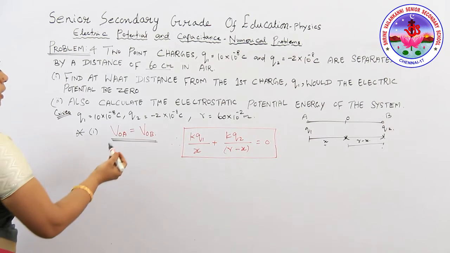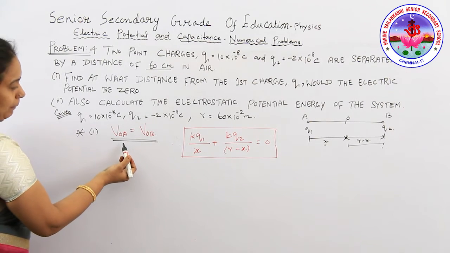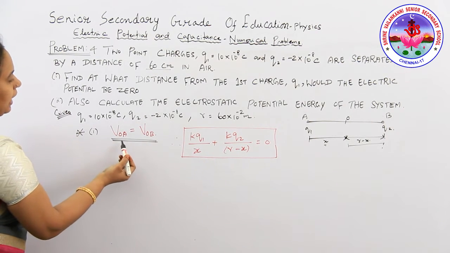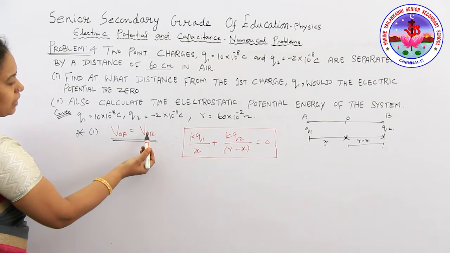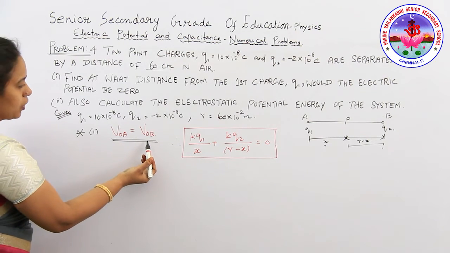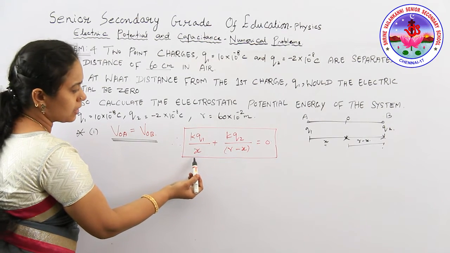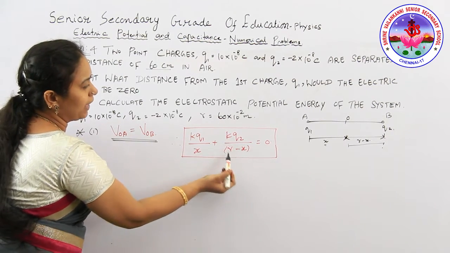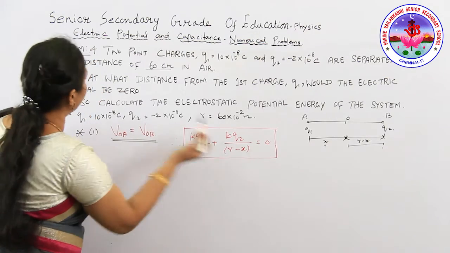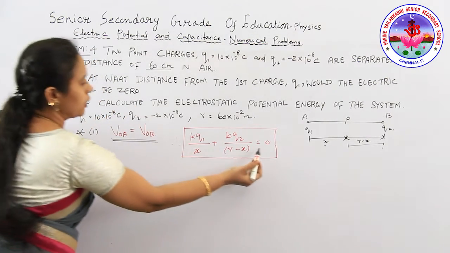Now, we know that the potential at O, V_OA, is equal to the potential V_OB. So the formula is KQ1 by X plus KQ2 by R minus X, which is equal to what they have given, 0.